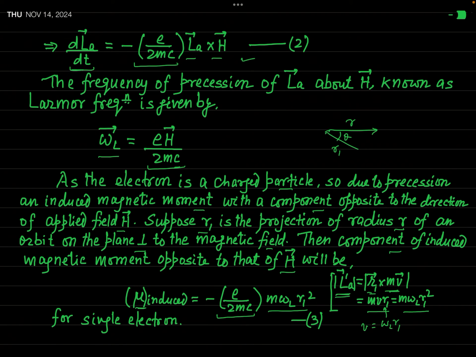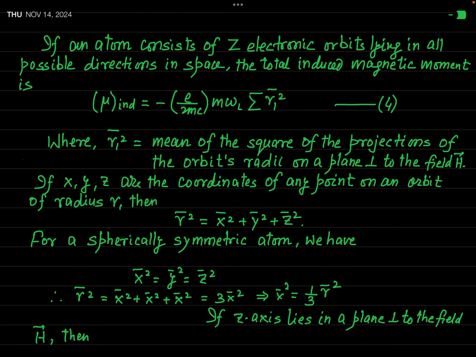Actually, we will sum up all the values like this for the Z electronic orbits, and then we will get the total induced moment. So I have written here, you can see, if an atom consists of Z electronic orbits lying in all possible directions in space, the total induced magnetic moment will be given by mu induced equal to minus e over 2mc m omega L summation over R1 square.